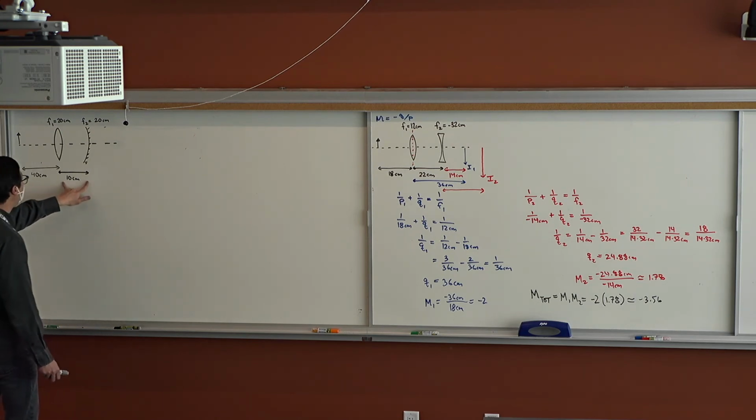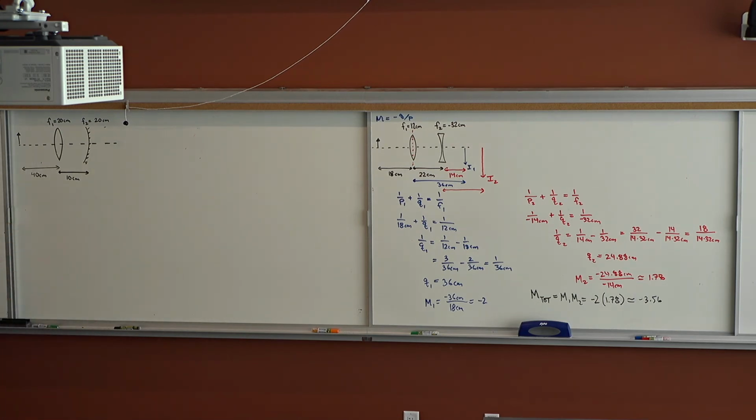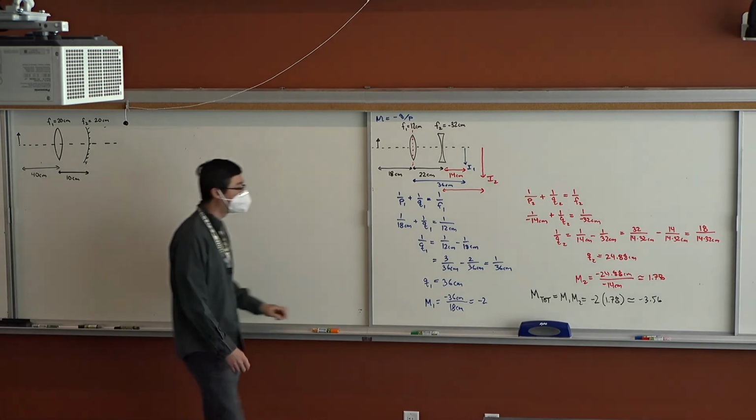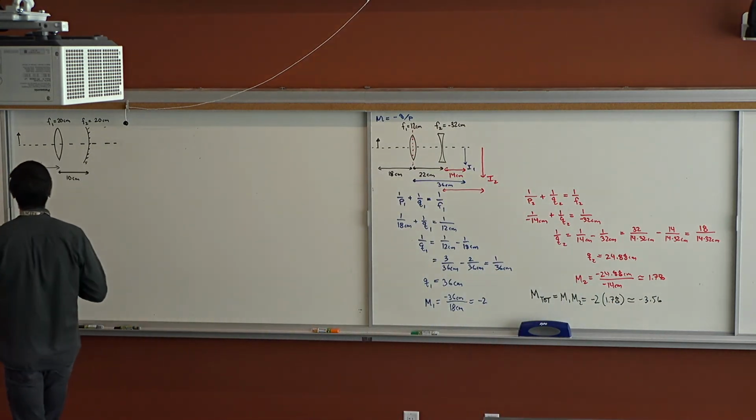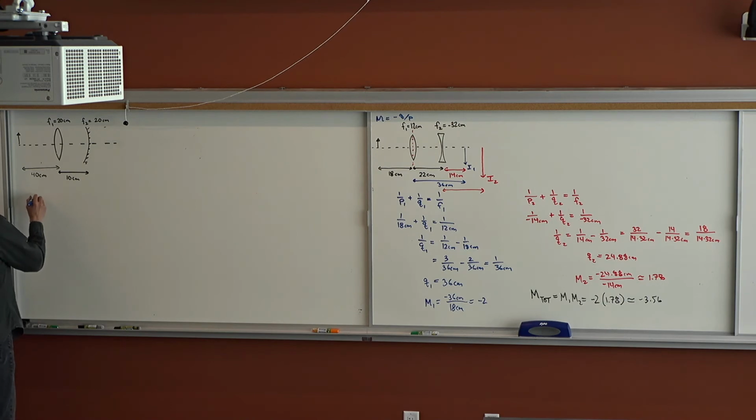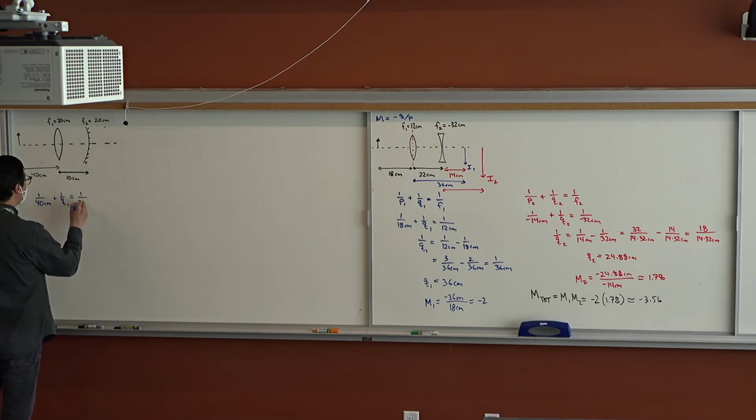I put them 10 centimeters apart, and I put the object 40 centimeters in front of our lens, so we can say that 1 over 40 centimeters plus 1 over Q1 is 1 over 20 centimeters.